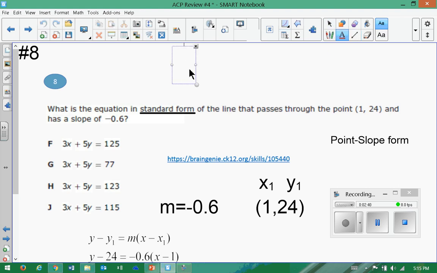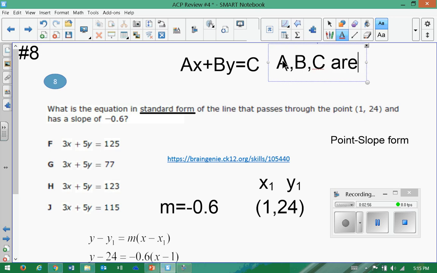From the other videos, you might recall that this is standard form: Ax + By = C. And notice that A, B, and C are integers. They are not fractions. And A has to be greater than 0.